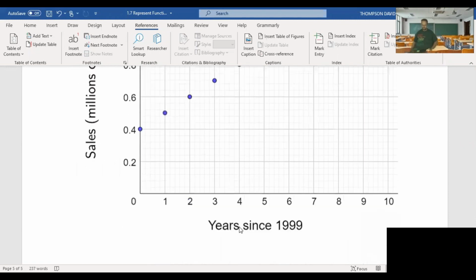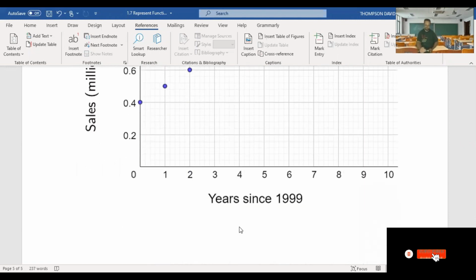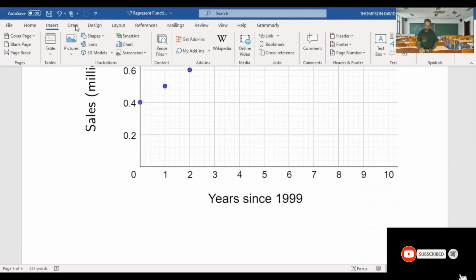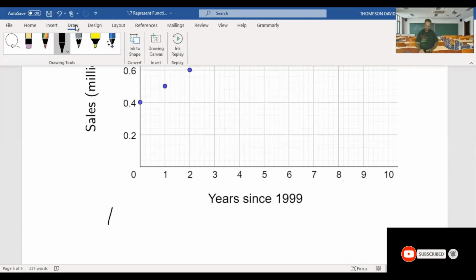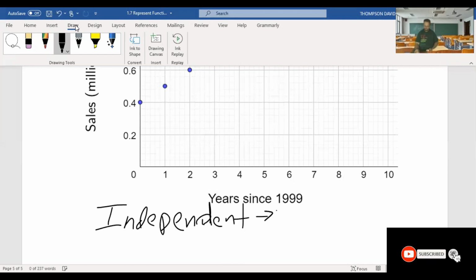So our independent variable, let's talk about both. The independent variable and the dependent variable. So independent variable is just my years. My dependent is my sales.